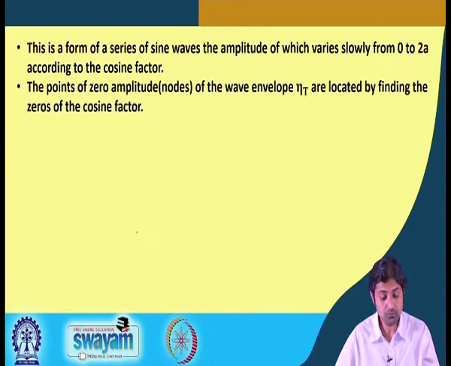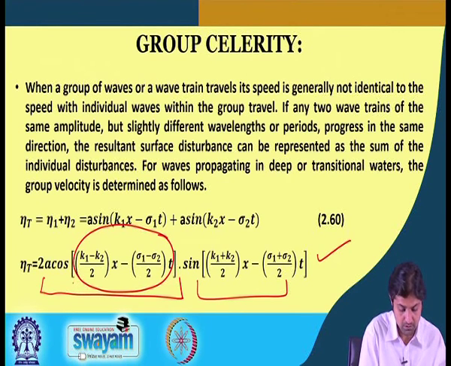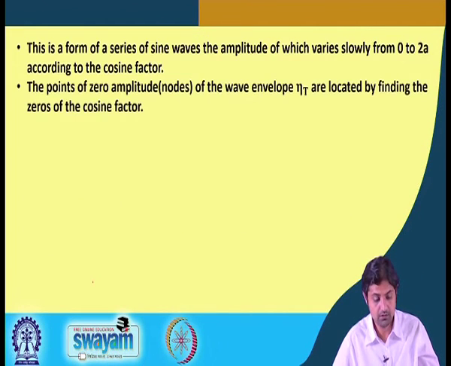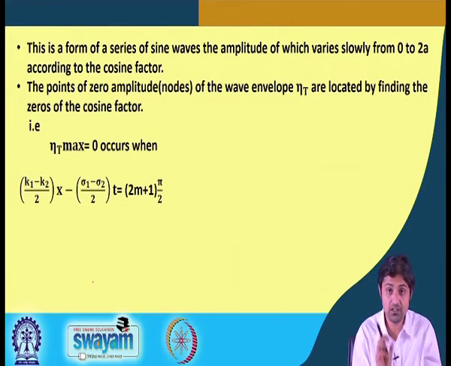So, the points of 0 amplitude are called nodes, because the amplitude will vary slowly from 0 to 2a, so there will be 2a as well as 0. They can be located by finding the zeros of the cosine factor. That is, eta max is equal to 0 occurs when the term within the cos is pi by 2 or an odd multiple of pi by 2.